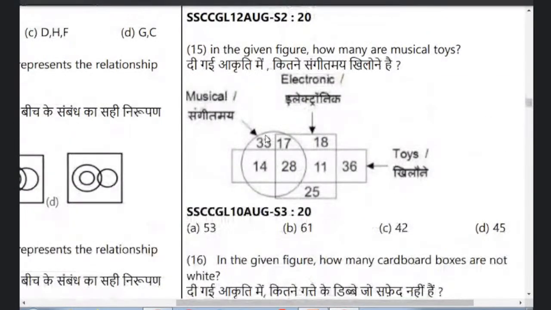In the 15th question, how many are musical toys? The musical circle represents the musical, and toys are represented by the rectangle. So we have to find how many musical toys, that is, musical as well as toy.